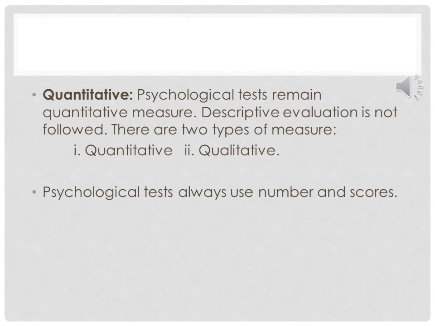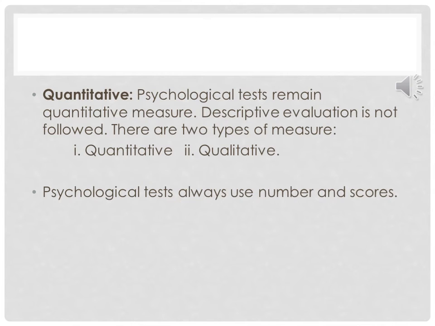One of the other characteristics of a good test is that it is quantitative in nature. Psychological tests remain quantitative measures. Descriptive evaluation is not followed. So we can say that the psychological test can be conducted in a quantitative manner. There are two types of measures we can see, quantitative and qualitative.